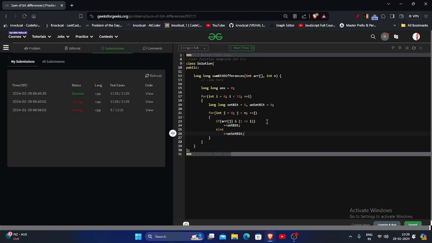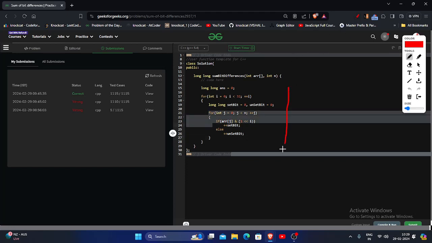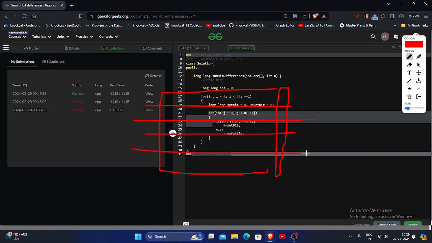And now, since I know the set bit and unset bit for this index, let's say we have these binary representations. At the end, I need the set bit for this index.